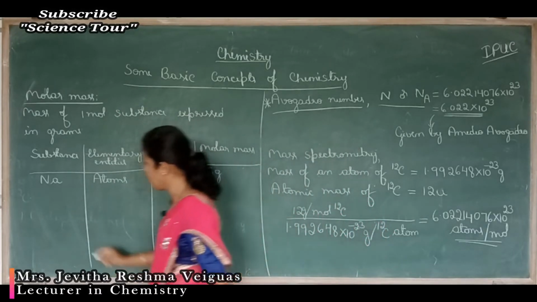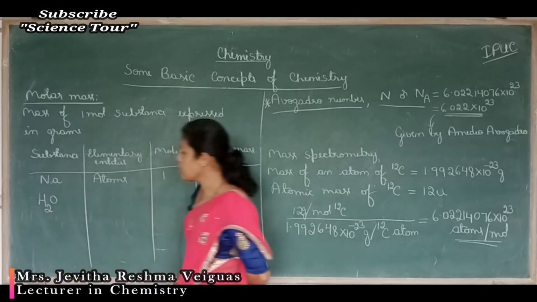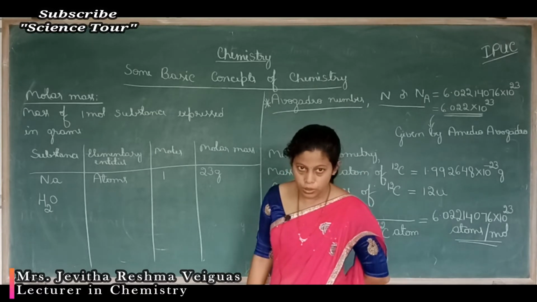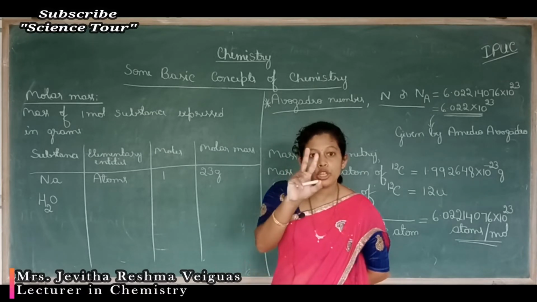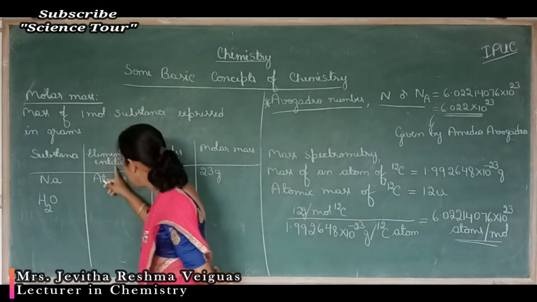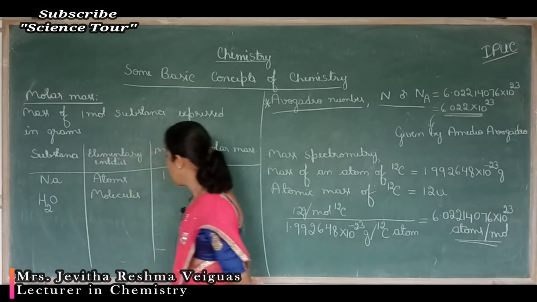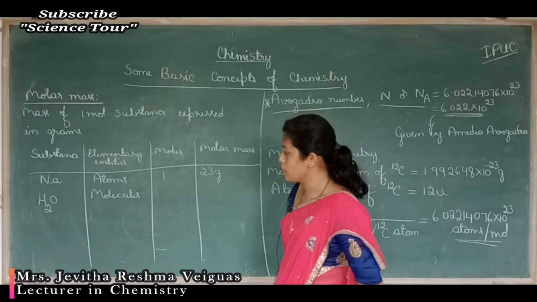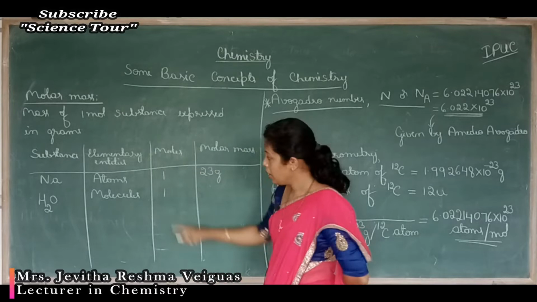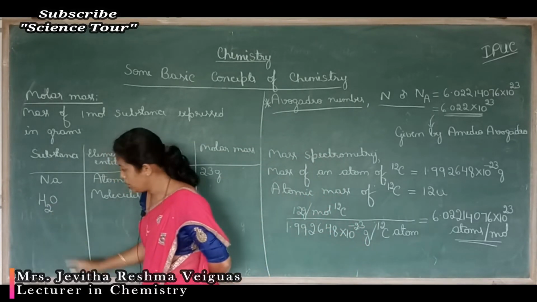Let's have another example. Let's take H2O, that is water. Water is a molecule. It is formed by the combination of 2 hydrogen atoms and 1 oxygen atom. So here the elementary entities are molecules. If I consider 1 mole of water, its mass is the molecular mass of water.